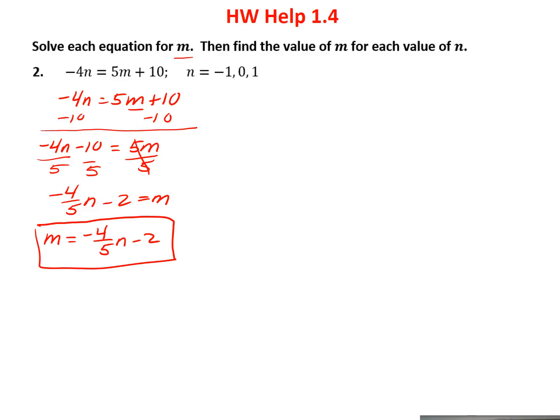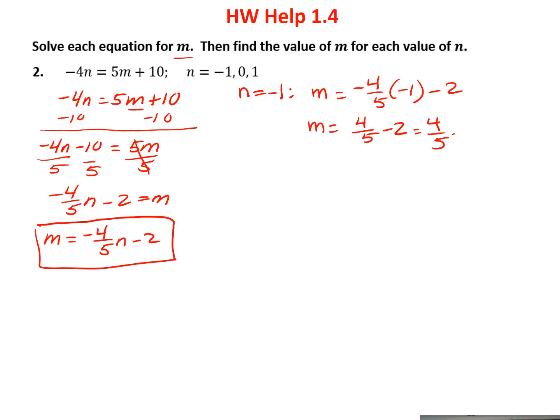So let's start over here. When n equals minus 1, then m is going to equal, I take my equation here, minus 4/5 times minus 1 minus 2. So m is going to equal minus times the minus is plus, so that's just 4/5 minus 2. Well, if you want to break this down, 2 is 10/5.